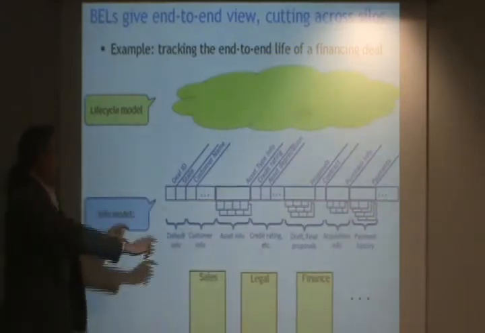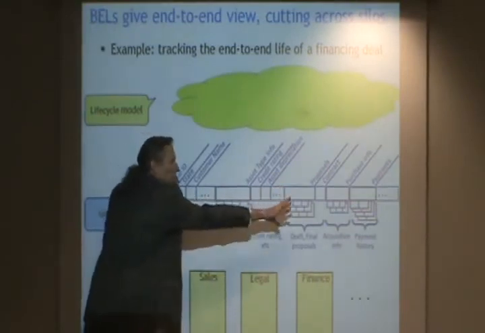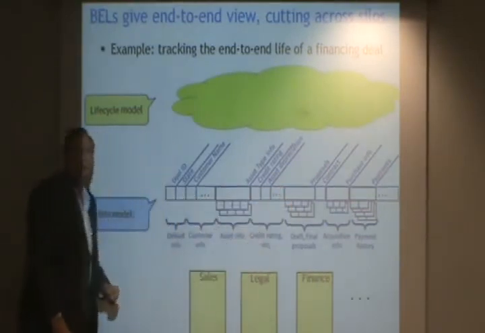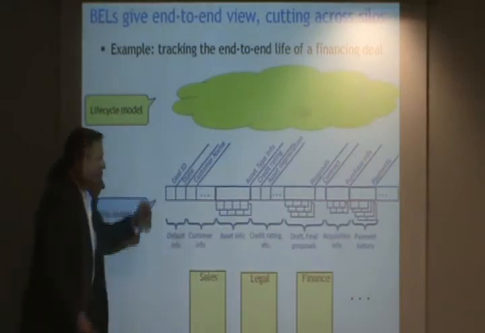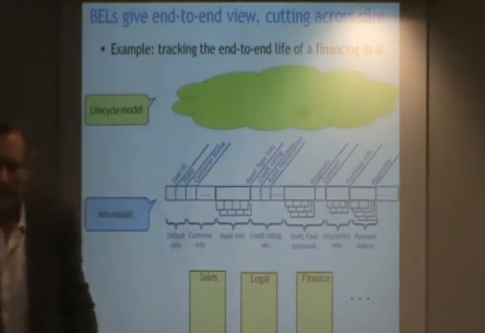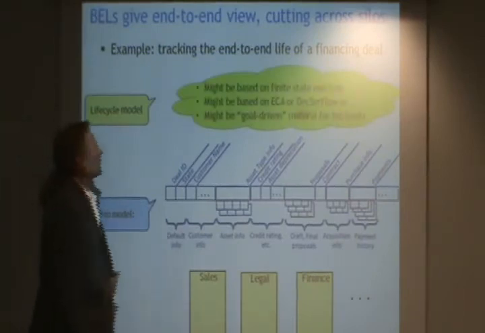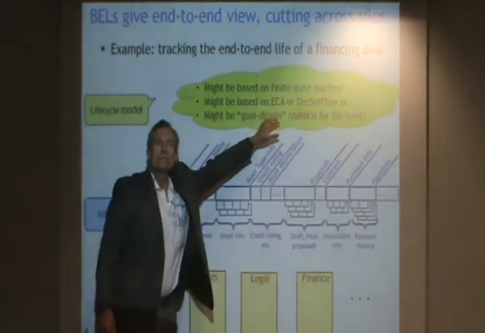Okay, but this one financial deal business entity, the information model is stretching across all those silos. And then the life cycle model, which could be, let's say, a finite state machine, very nice. Could be based on event condition action rules.